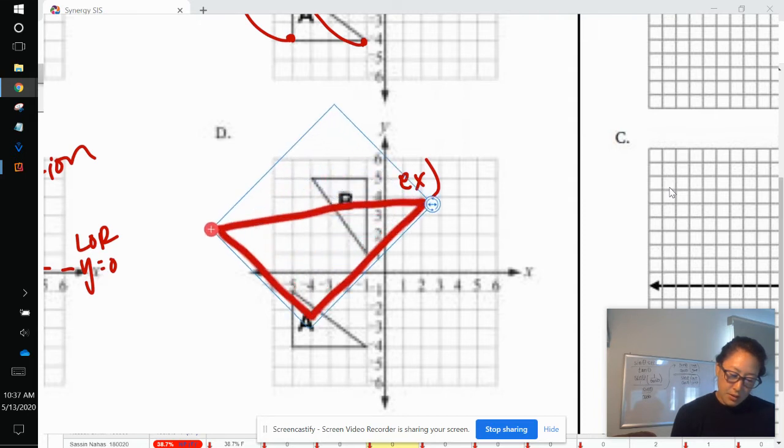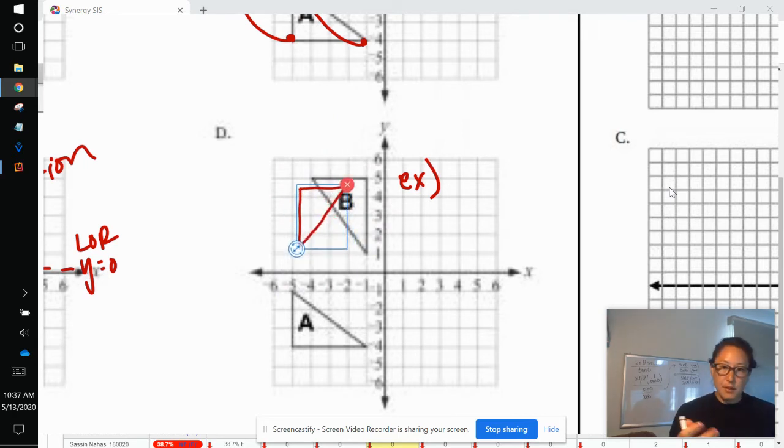Nope. If I flipped the image over to become like this, oops. Let's try it again.